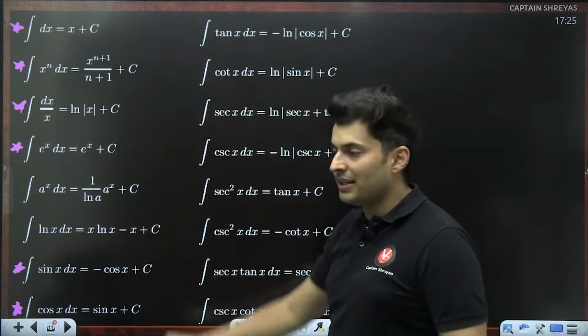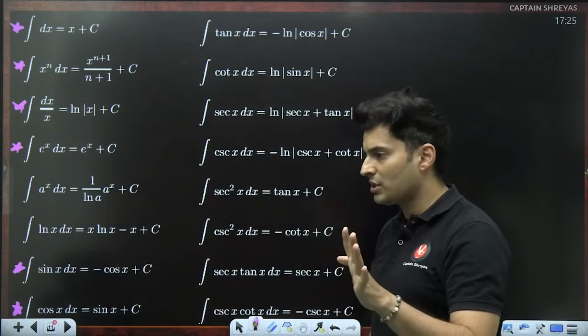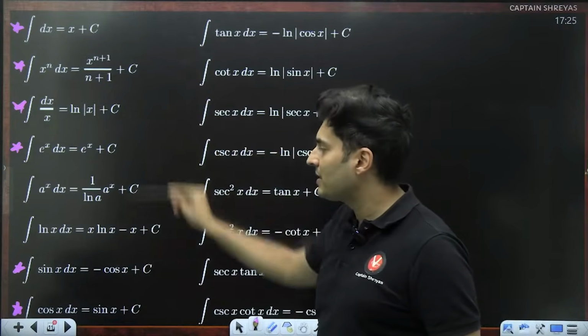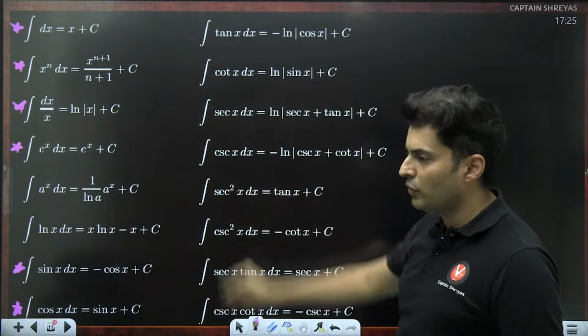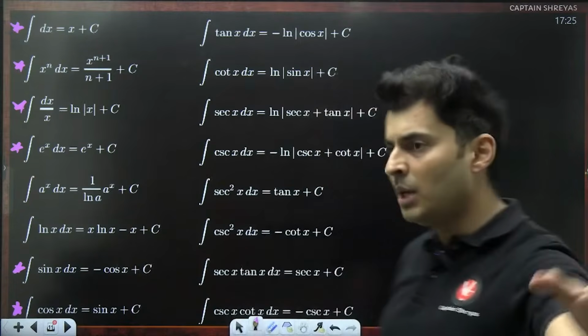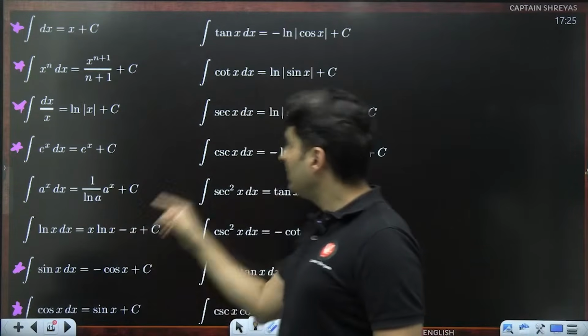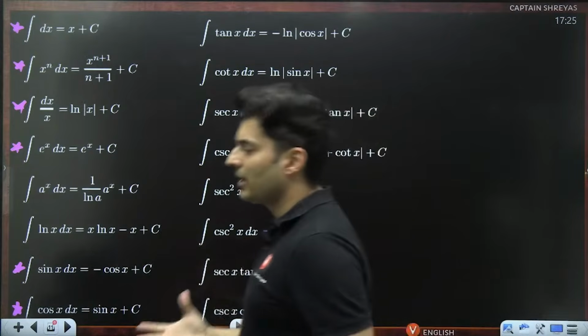These 6 formulas, write them down 2 to 3 times in your book, in your page, in your rough sheet, whatever you are using right now. Please write them down at least 2 to 3 times, and once done, put up a heart in the chat box. And those of you who are done, you can write down these other formulas at least 1 to 2 times so that it enters your head.